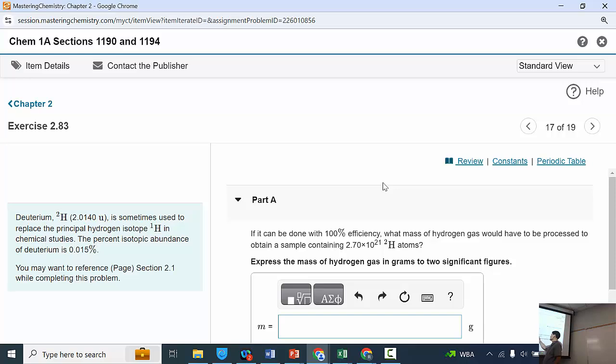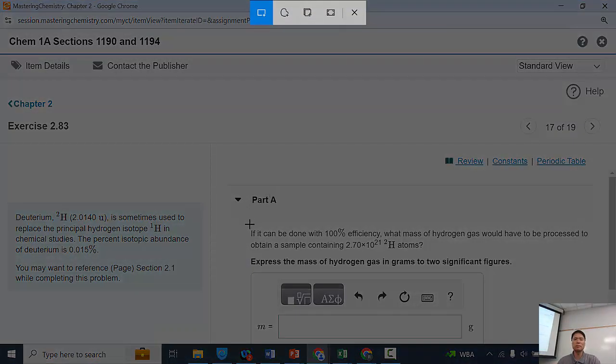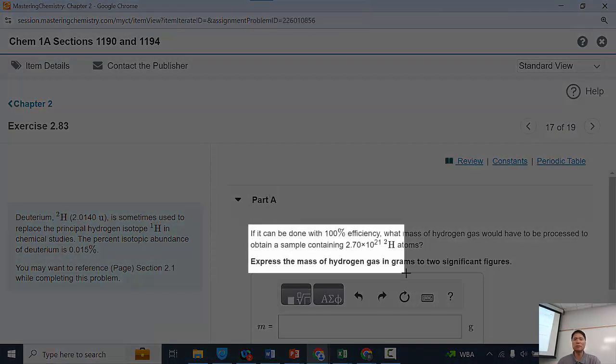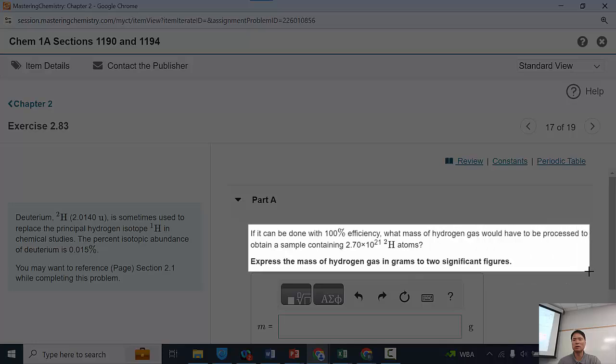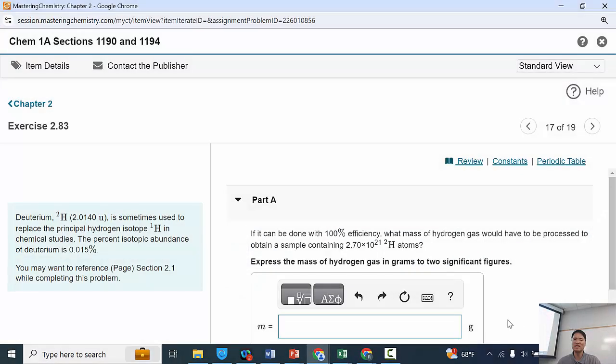So we isolated the H2H2. What mass of hydrogen gas would have to be processed? This will be dimensional analysis. This 100% efficiency, we don't need to put in, because normally we deal with percentages, but in this instance I'm not going to worry about it because it's 100%.